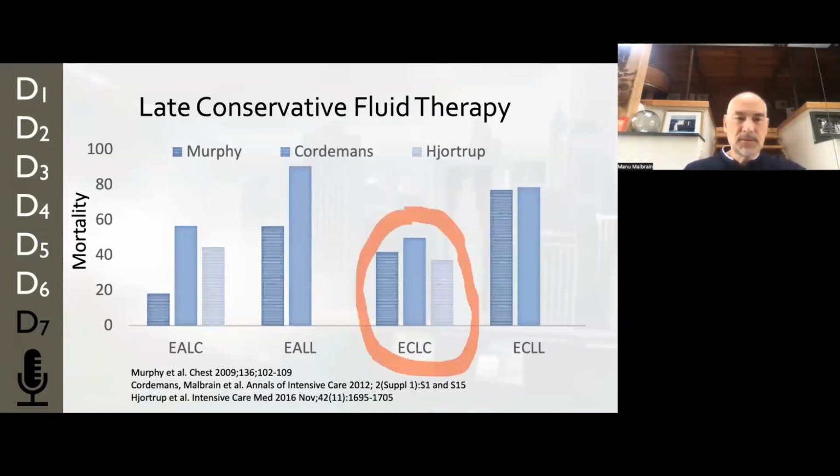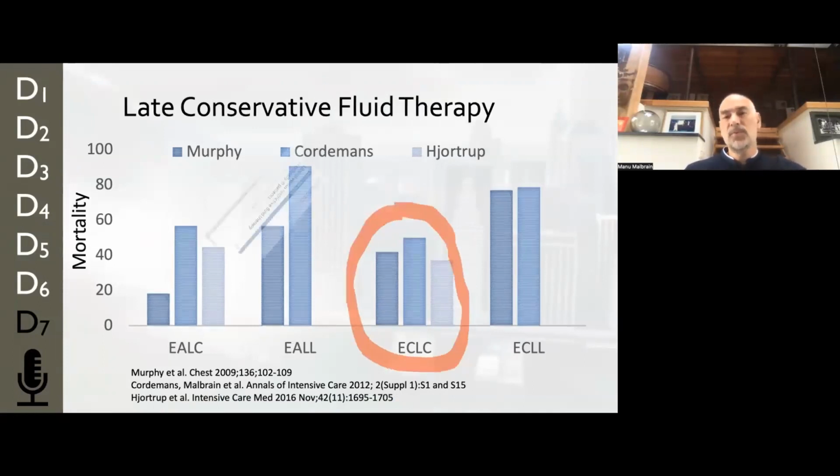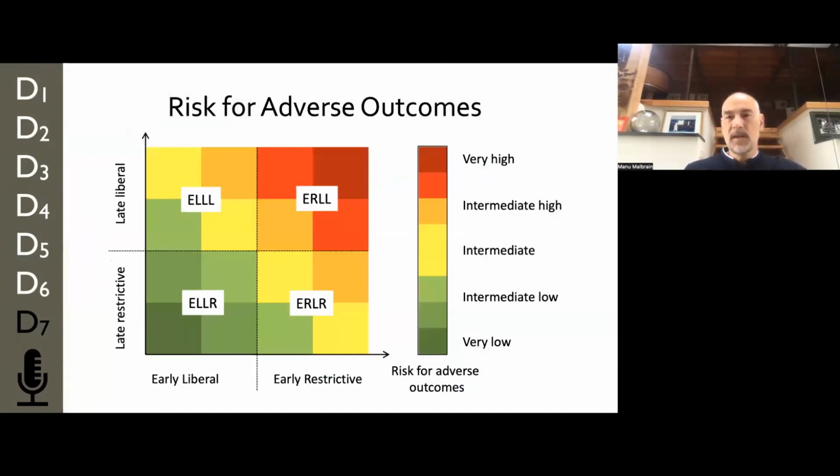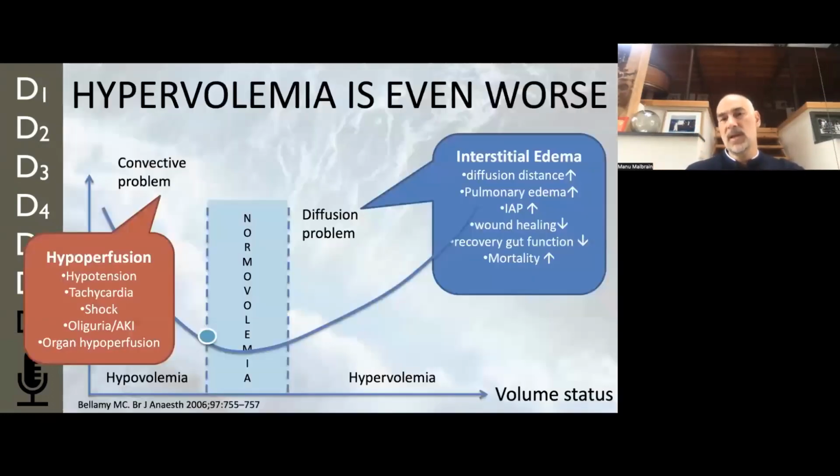And if we compare some of the studies, early conservative, late conservative may have even better prognosis. So restrictive fluids compared to the liberal ones. And again, if we have this heat plot and look at the combination of early liberal and late restrictive, that may carry the best prognosis. If you give too little initially and then too much too late, you may have more adverse outcomes.